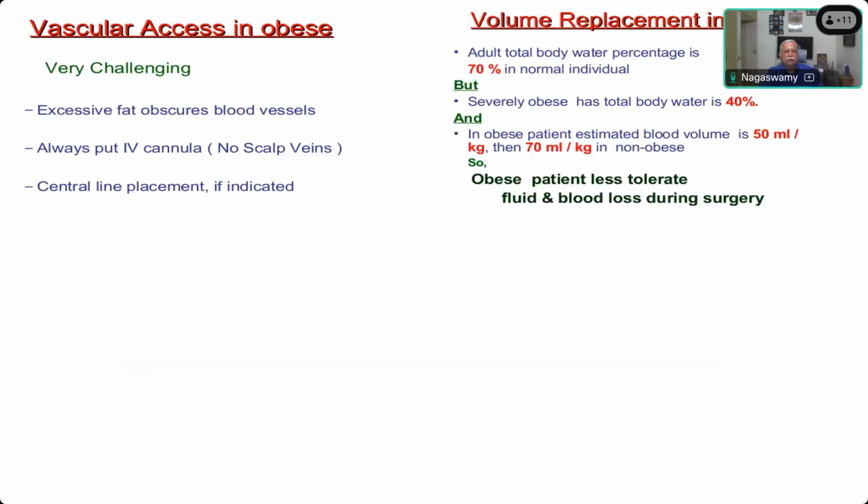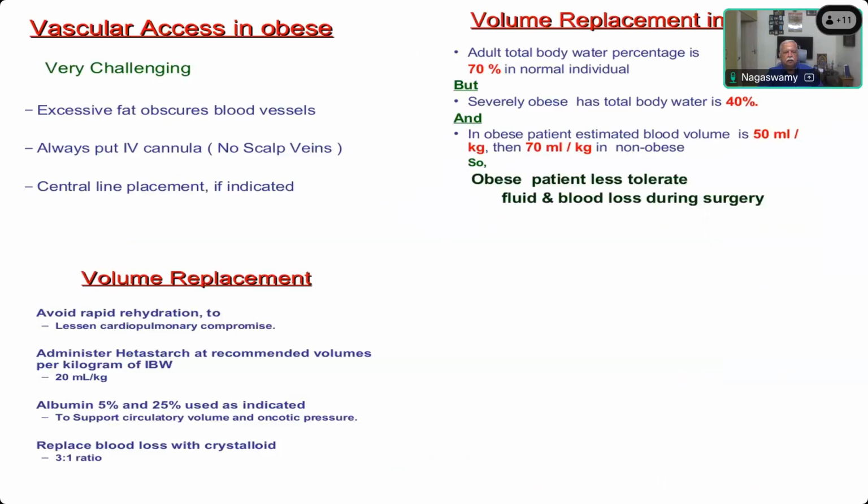Coming to vascular access, that may be challenging in these patients. So sometimes you have to resort to central line placement. If peripheral veins are not at all visible or not accessible, you have to go for an ultrasound guided central line placement.